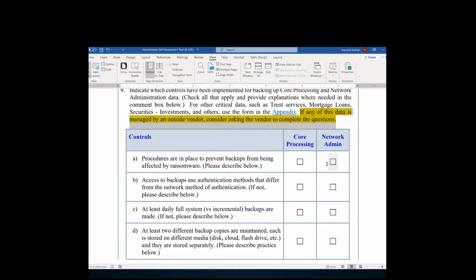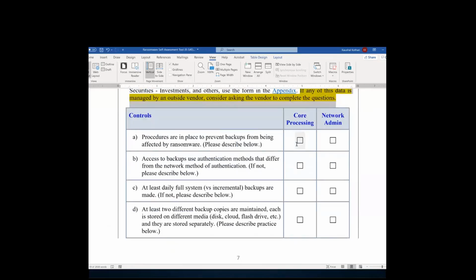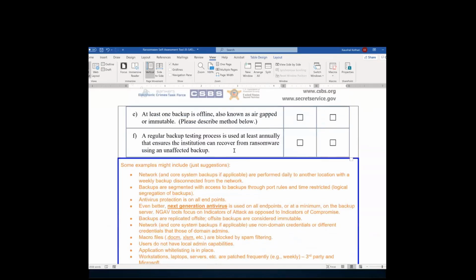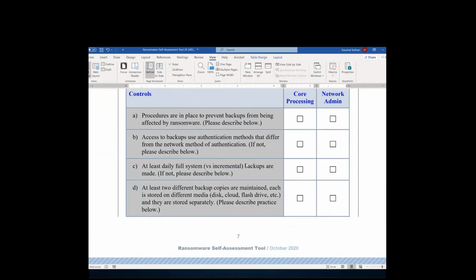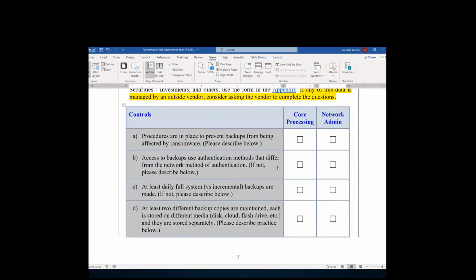And so if your core processing system is outsourced, what I would do is I would copy questions A through F. I would take those and put them in an email out to that core system vendor and ask them, can you respond to these questions, or can you point inside of your SOC audit or SSAE 18 where these questions are addressed? But if it's in-house, then definitely, you check the boxes where they apply.